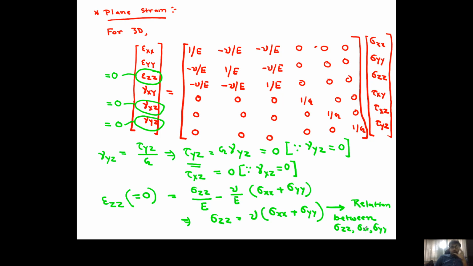Which means there are only two independent stress components, because if you know sigma xx and sigma yy, sigma zz can be represented in terms of the other two. What do we have? We just got that sigma zz is equal to nu times sigma xx plus sigma yy.